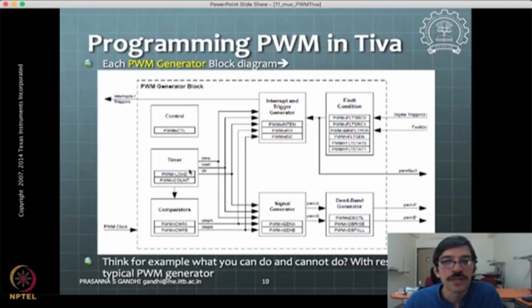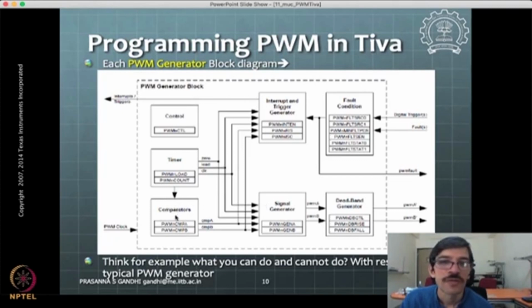Then there is some kind of a timer which will do some further timing for this clock, and then there will be a comparator. We will see how these things work. The signals will go, typically, this is the flow of the signals. We start with the timer, and then the signals will go to the comparator, or some timer signals will also go to the signal generator.